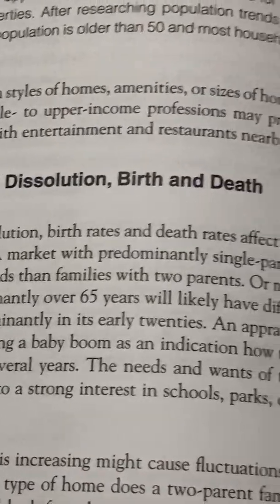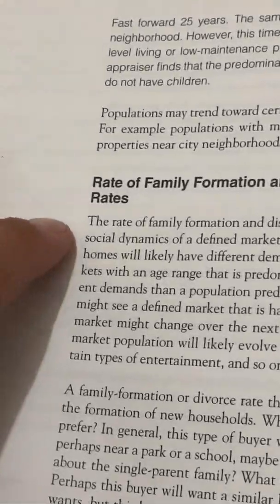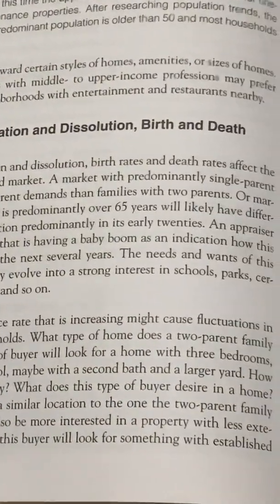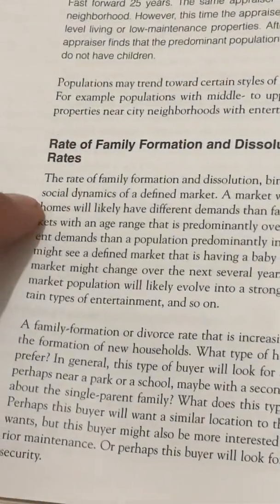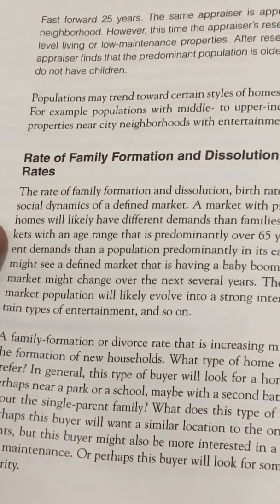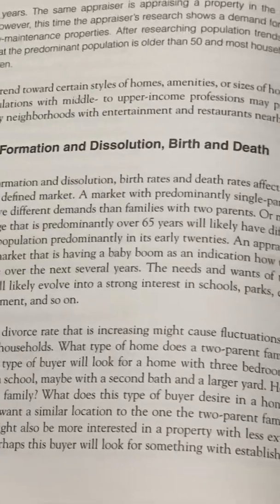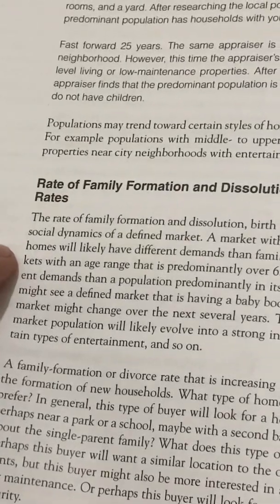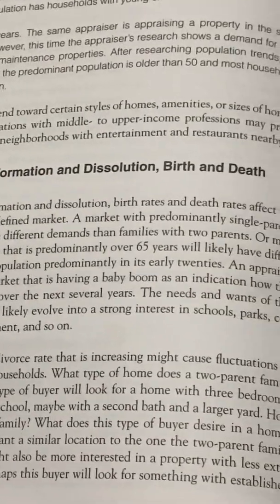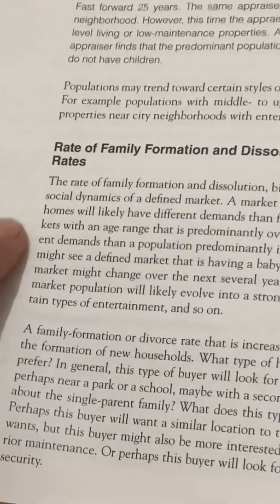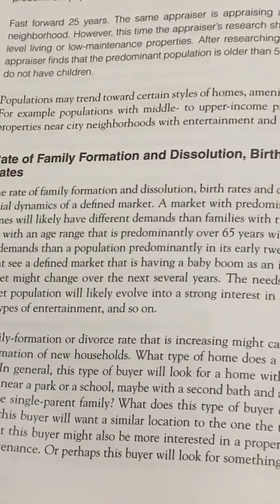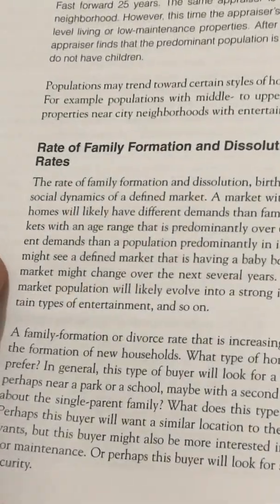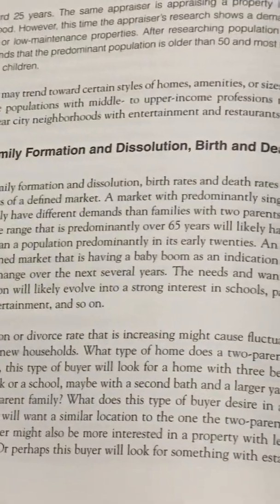A market with predominantly single-parent homes will likely have different demands than families with two parents, or markets with an age range that is predominantly over 65 years will likely have different demands than a population predominantly in its early 20s. An appraiser might see a defined market that is having a baby boom as an indication of how this market might change over the next several years.